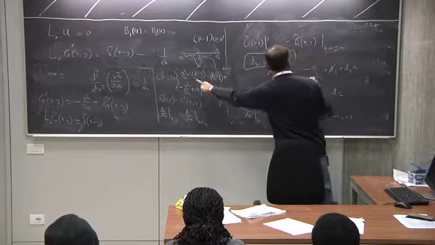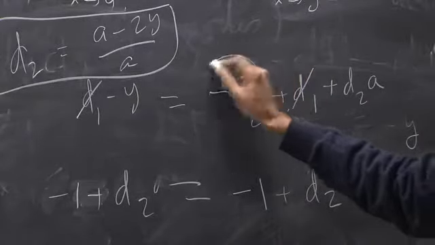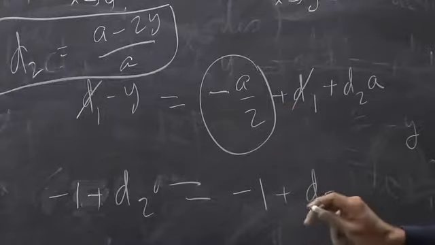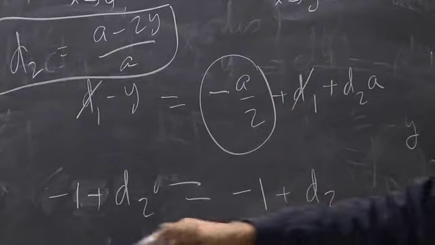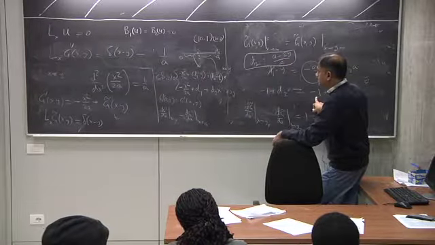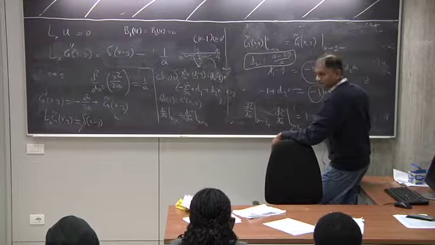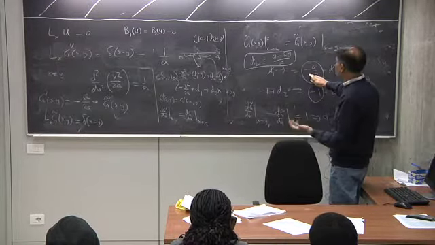This term came here. There is one term. This came from there, and in the second equation, minus 1 here. Yeah, these 2. Here it appeared.